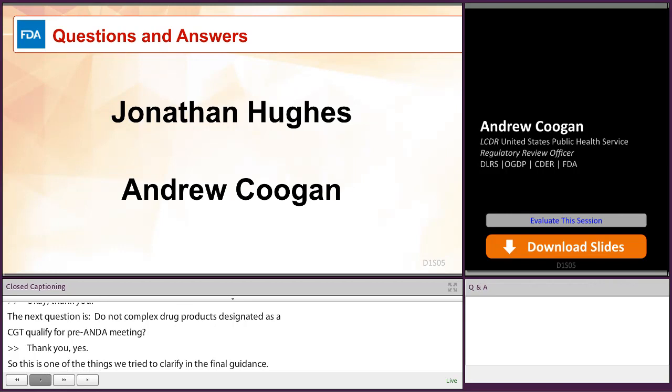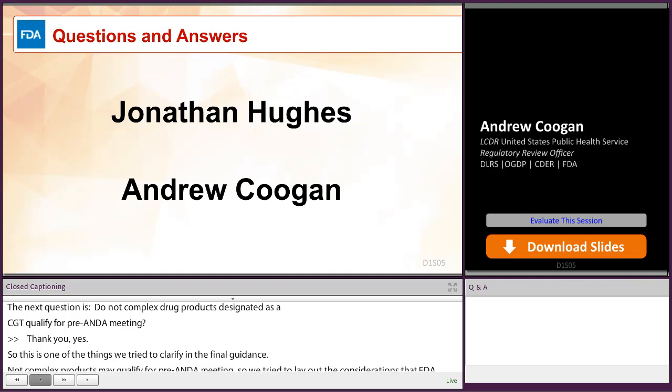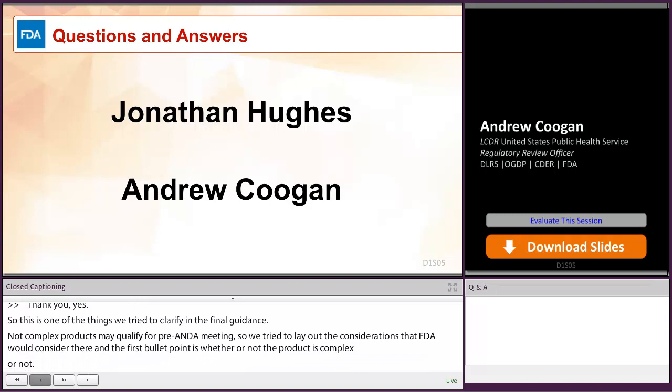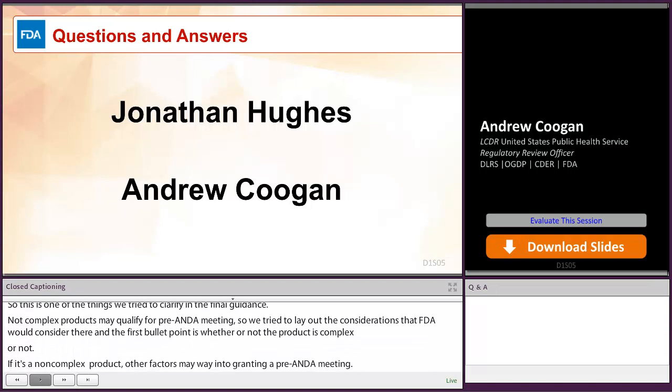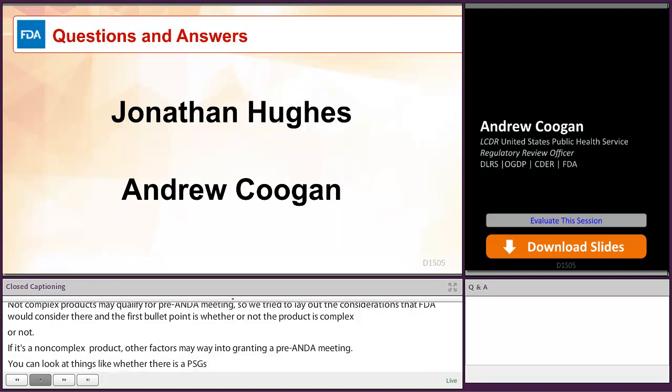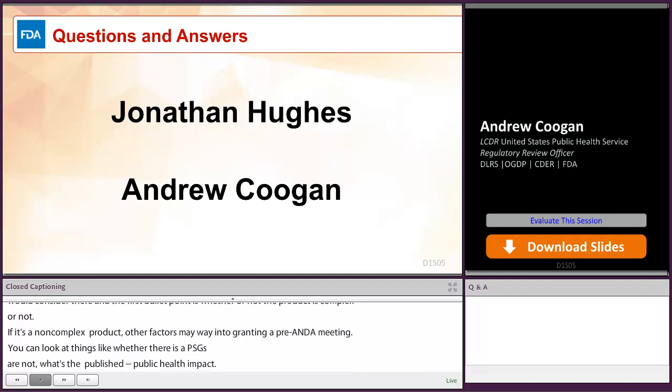And the first bullet point there is whether or not the product's complex or not. So if it's a non-complex product, other factors may weigh into granting a pre-ANDA meeting. You can look at things like whether there's a PSG or not, what's the public health impact, so what's the severity and size of the population that the treatment is intended for, and what's the impact on FDA. So yes, we will consider those things, and we may grant pre-ANDA meetings for non-complex products.